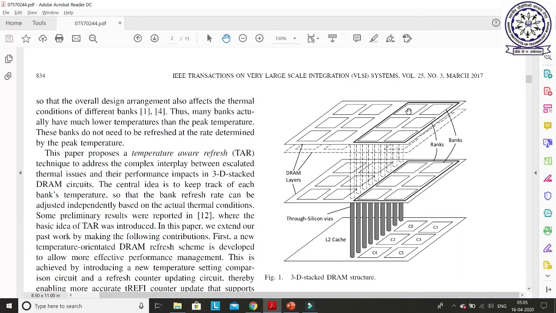If it is 65, the retention time should be 64. If the temperature of this bank is 50, then the retention time should be 90 milliseconds, like this. So based on the temperature of the bank, the retention time, or refresh period, of that particular bank will be decided. This is their main idea.